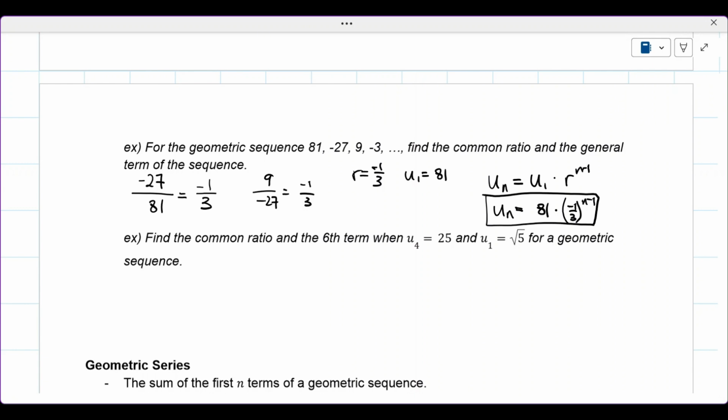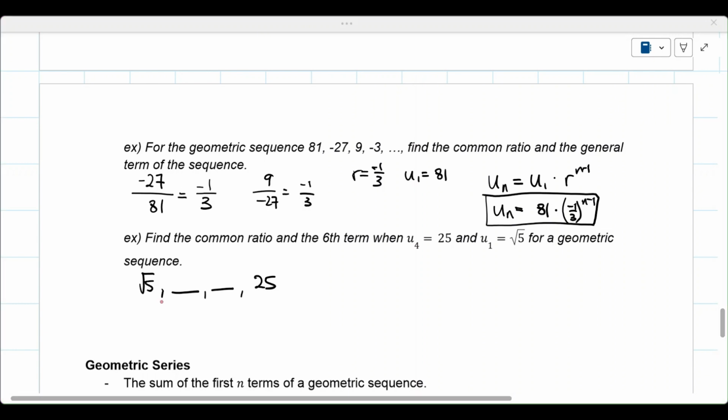The next problem is not so obvious because I gave you the first term, but finding the common ratio seems quite more difficult because you don't see two subsequent terms right away. So let's put this in a sequence pattern instead of saying u1, u4, and so on. The first term is square root of 5, then there's a blank for my second term, a blank for my third term, and 25 for my fourth term. So what do I know?